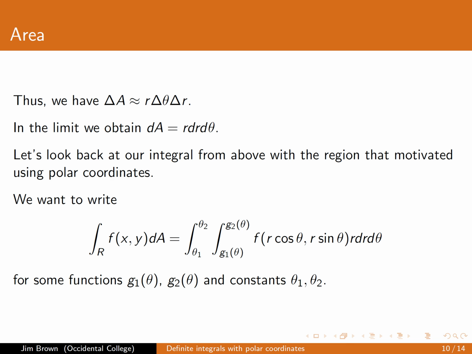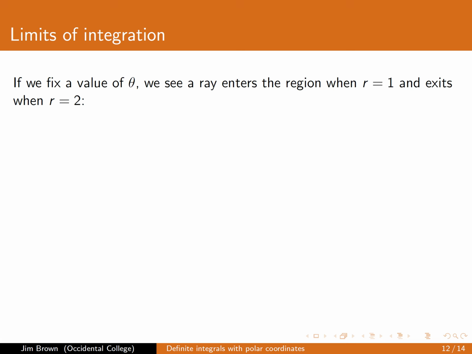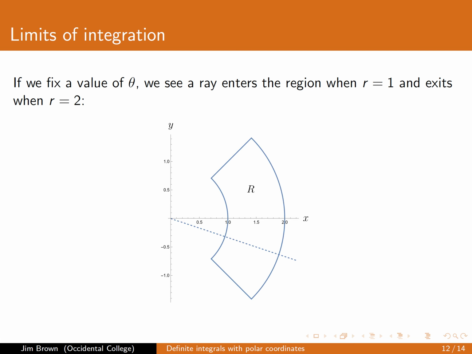So let's look at our region again and see what our limits of integration would be in this case. Here's our region we were looking at before. Since theta is our outer limit, we want to think of fixing a value of theta and seeing what the values of r would be. If I fix some value of theta and take this dashed line here, where does it enter the region?